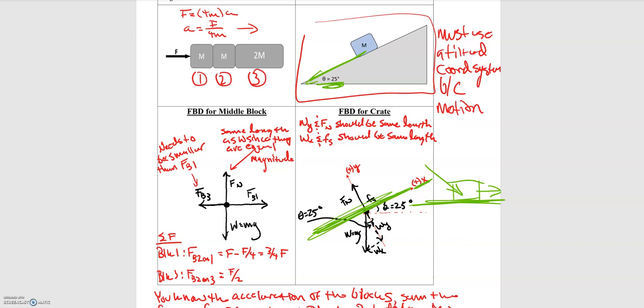That matches our typical coordinate system: y straight up, x horizontal. So we're going to have motion in the x direction, if we have it. There's no reason to tilt a coordinate system, even though we have a force that's at an angle.